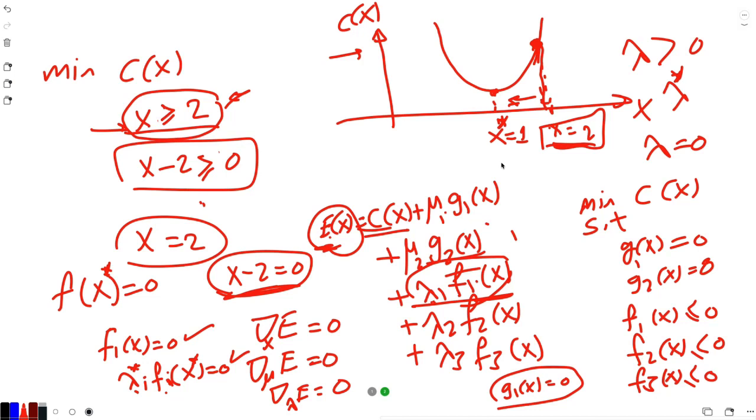This is the difference between the inactive constraint and the active constraint. For an active constraint, lambda will be greater than 0, but the function itself will be achieved at the critical point. If it is an inactive constraint, then we can remove or ignore that constraint and put lambda equal to 0.